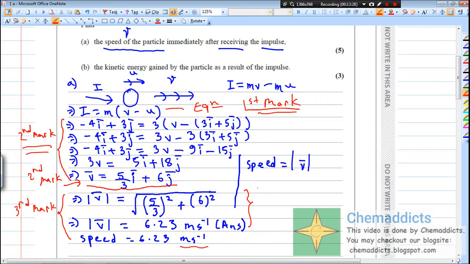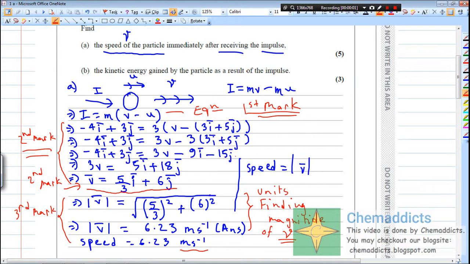So for mentioning units and finding the magnitude of final velocity v.